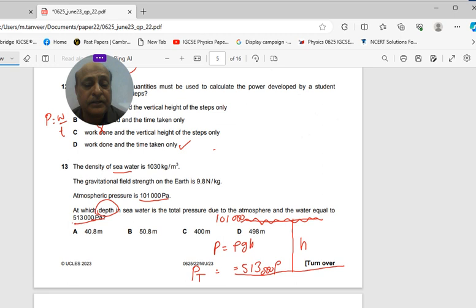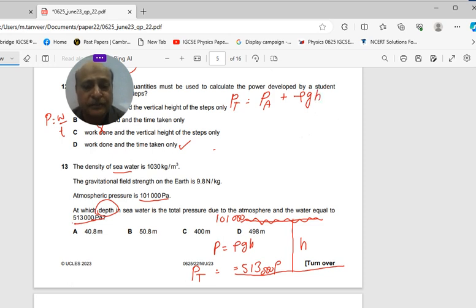So total pressure PT is equal to atmospheric pressure PA plus liquid pressure, rho g h.